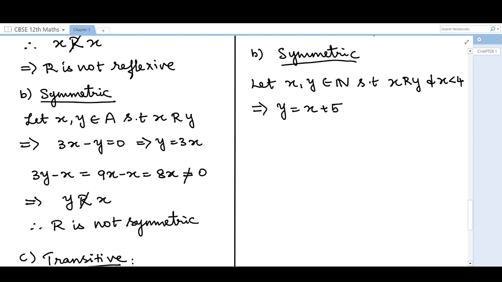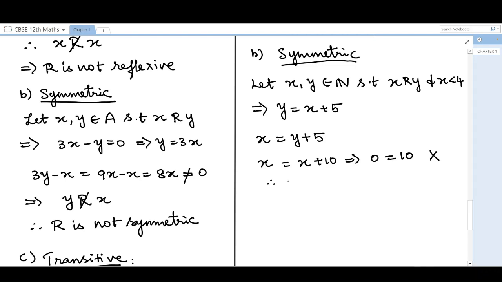Fine. So now we have to verify whether Y is related to X. So we have to prove X is equal to Y plus 5, whether this is true or not. But already we know that Y equal to X plus 5. So X equal to X plus 10. So from this what we could conclude is 0 equal to 10. This statement is not true.